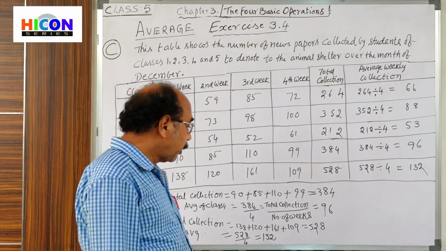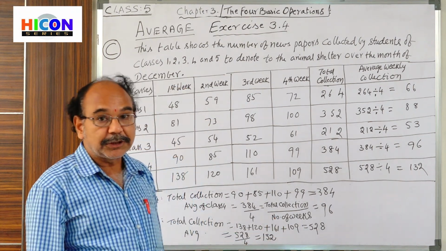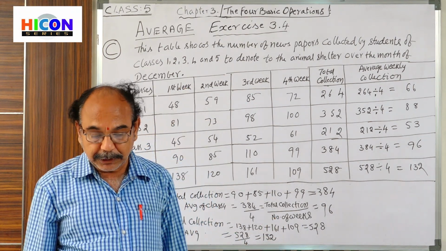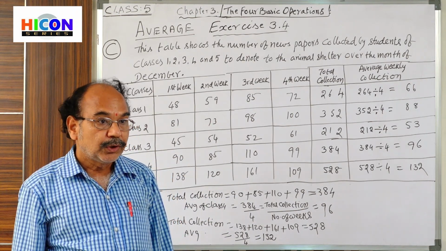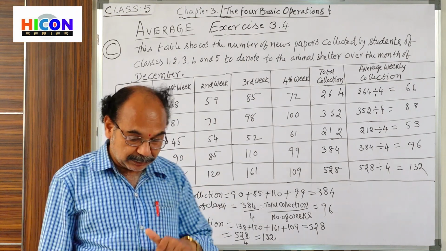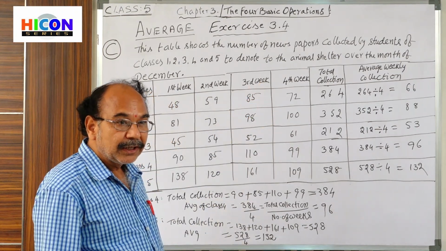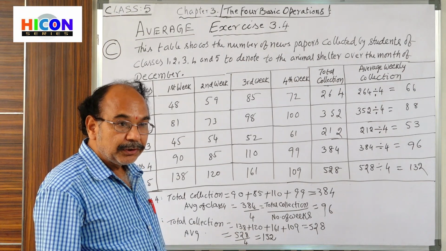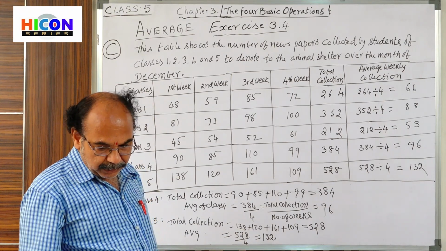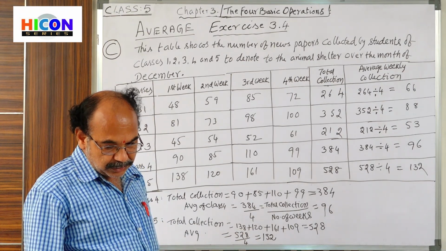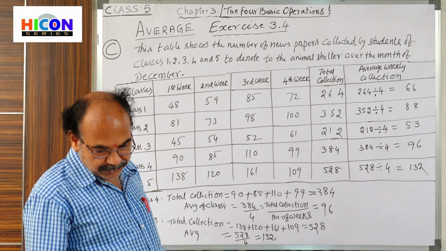Like this, we fill the table. Now, under the table, there are some questions. To write the answers to the given questions, we have to observe the table work very carefully, and from the table you can give the answers. Okay, children, what is the first question?